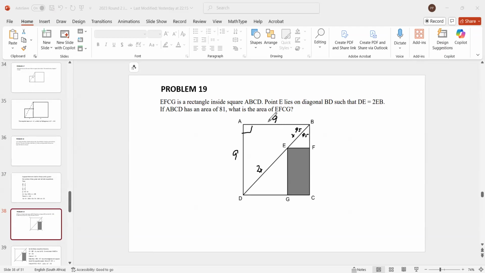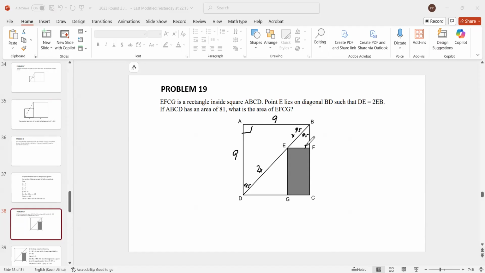The reason is this is an isosceles triangle. The three angles add up to 180 degrees, so these two together will add up to 90 degrees, but they are equal because it's an isosceles triangle. That is why these angles are 45 degrees. It's a very important fact that a diagonal of a square bisects the opposite angles, giving 45 degrees.